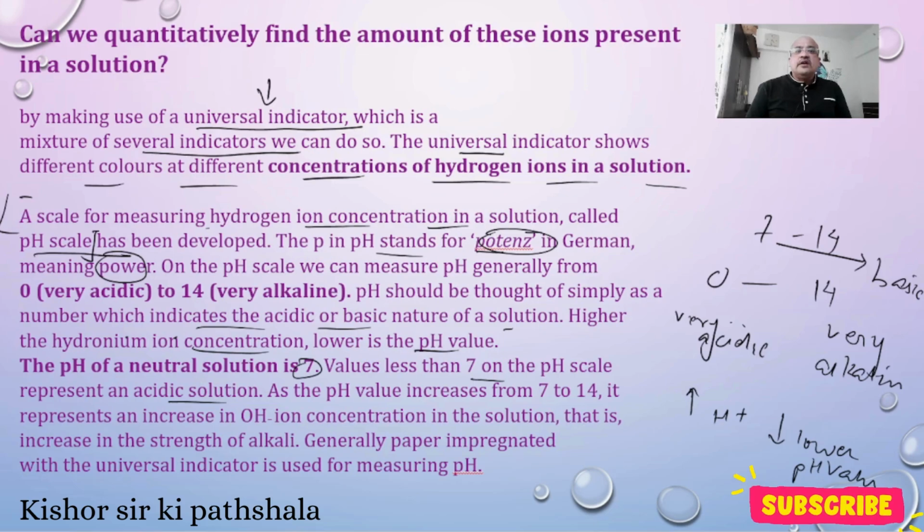This represents an increase in the OH minus ion in the solution, that is, the increase in the strength of the alkali can be noted. Generally, paper which has been put in the universal indicator is used for measuring the pH.